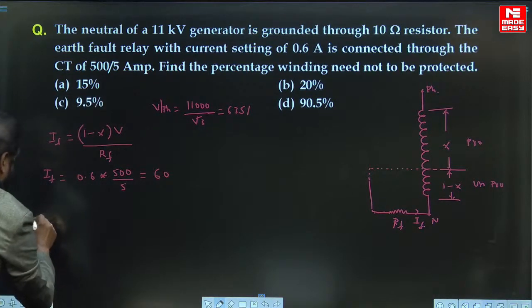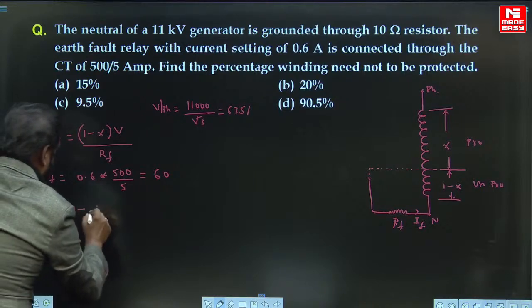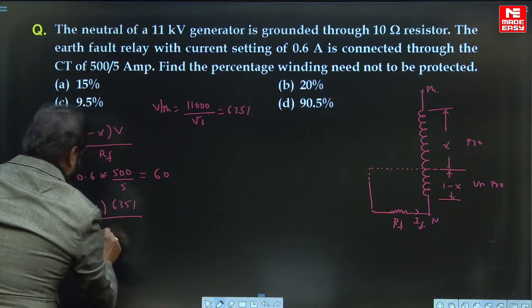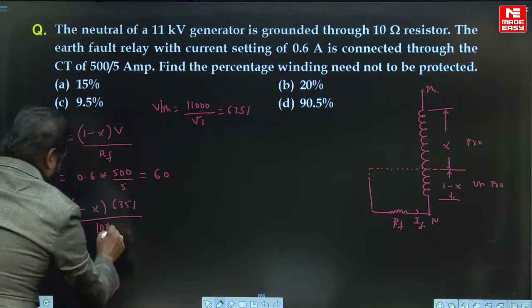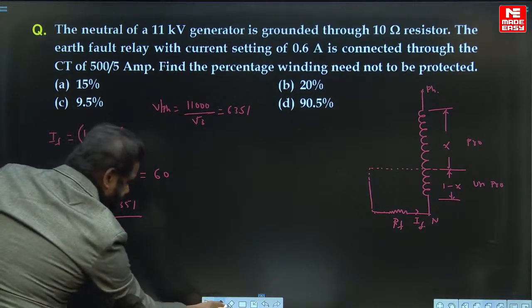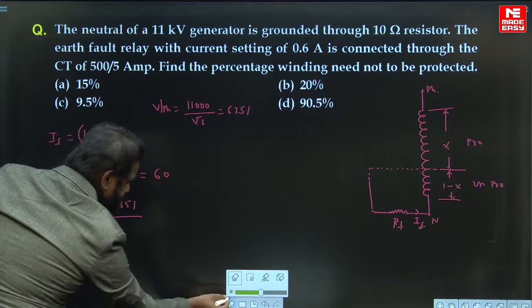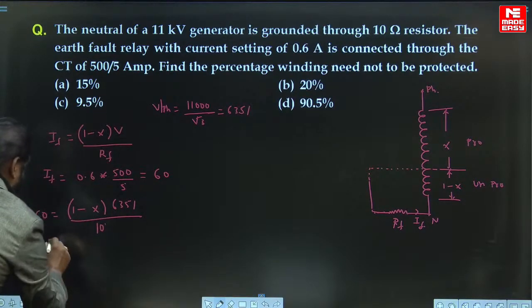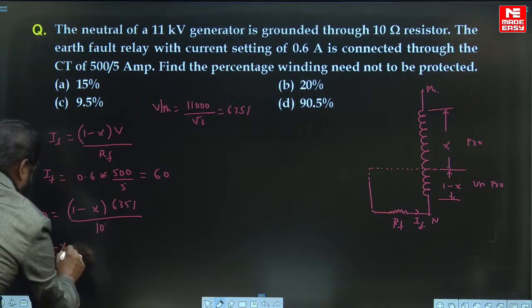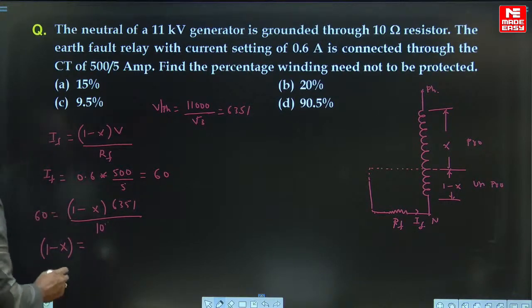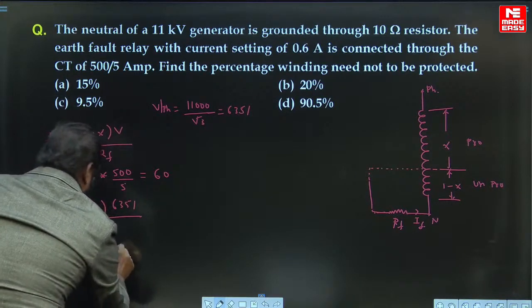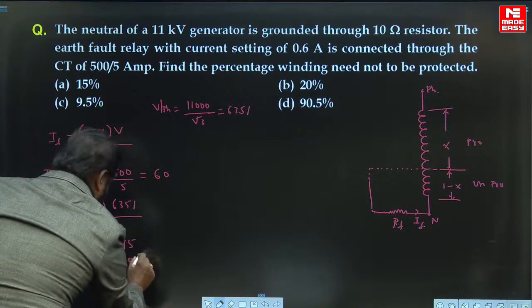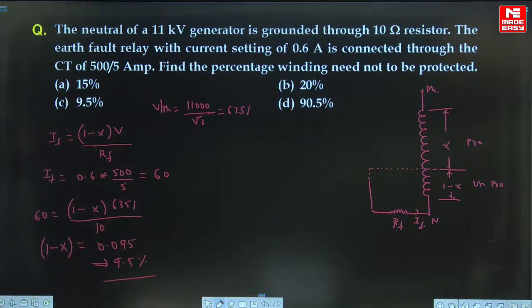So the equation will be 60 equals (1 minus x) into 6351 divided by 10. So 1 minus x equals 0.095, that means 9.5 percent.